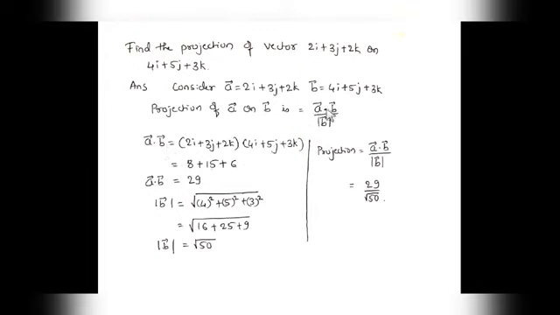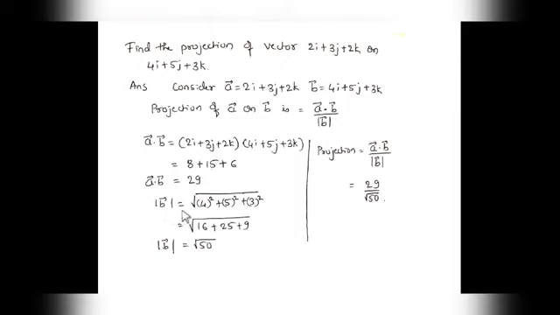Now let's find out first vector A dot vector B. We know how to find out the dot product between two vectors. 2 4s are 8, plus 3 5s are 15, plus 2 3s are 6. If I add these three quantities I'll get 29.